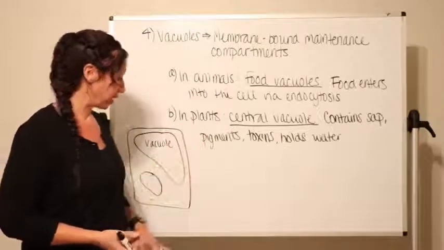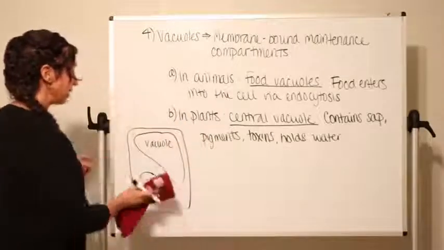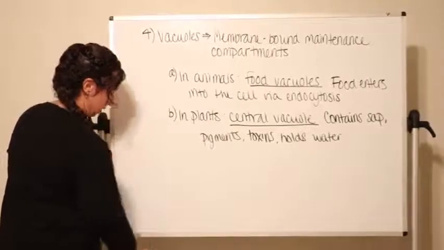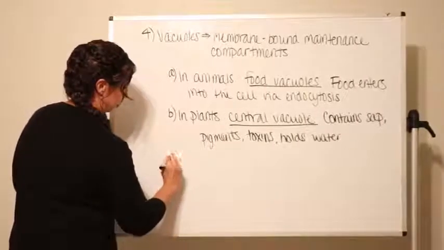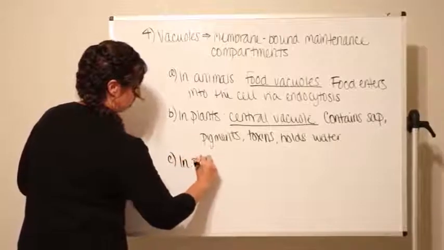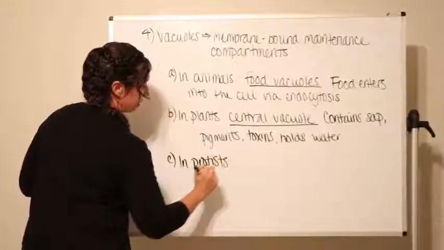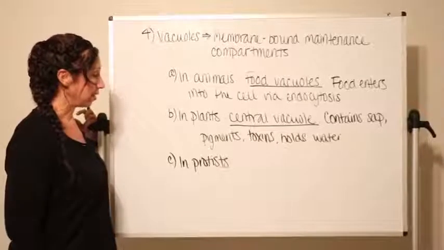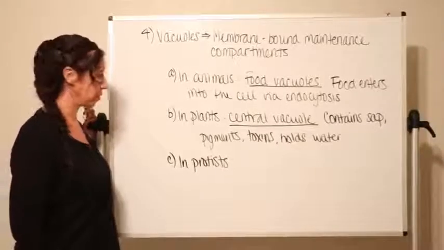So in plants, you got a central vacuole. It contains all these lovely things inside. And lastly, in protists, our lovely single cellular eukaryotic cells, they have something called a contractile vacuole.